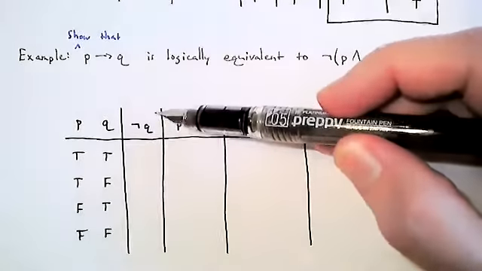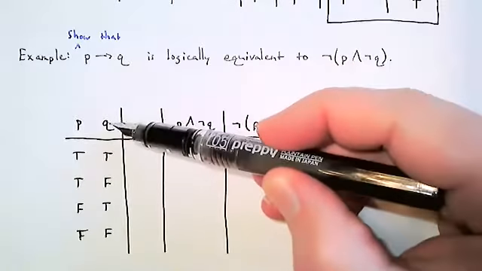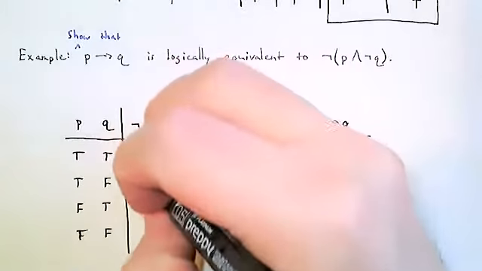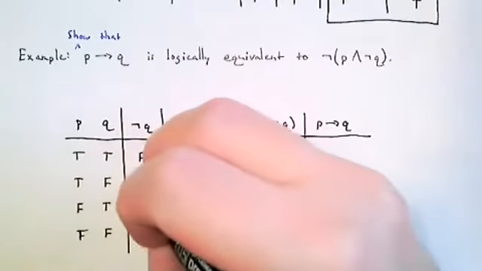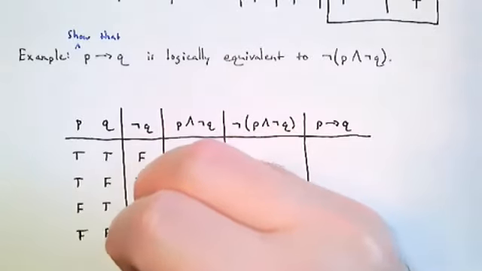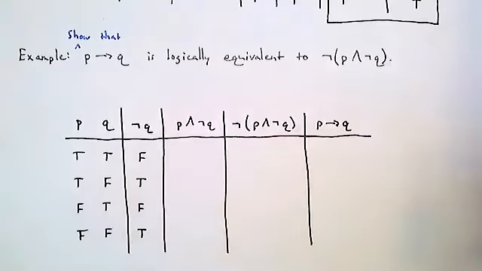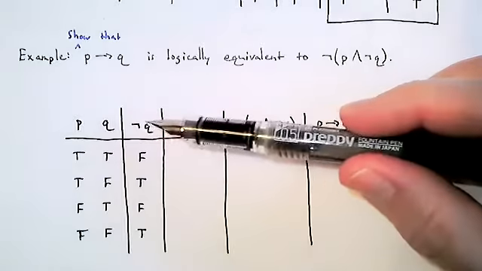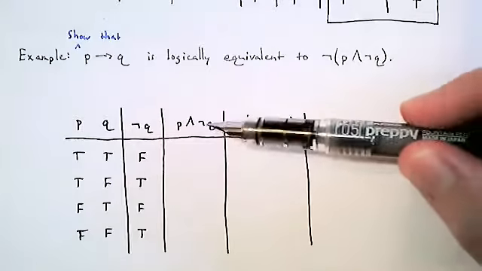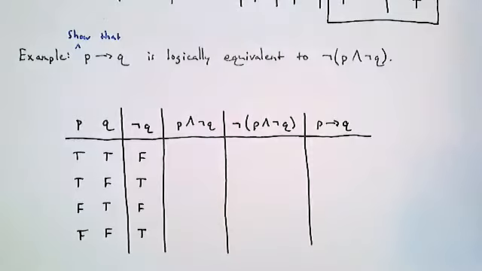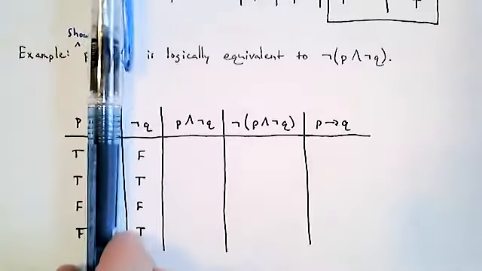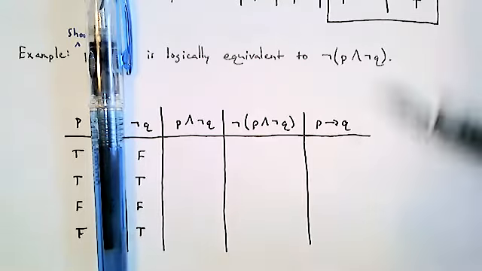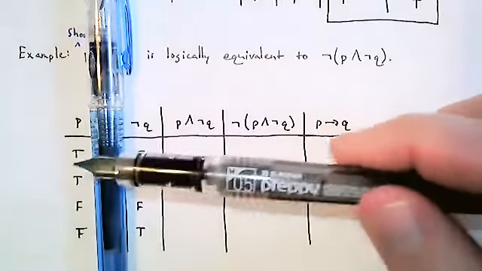Okay, and now we need the opposite truth value for this column for Q. So true becomes false, false becomes true. And now we have to put our not Q together with P. So for this, we're going to ignore Q and look for 2 trues in these 2 columns.